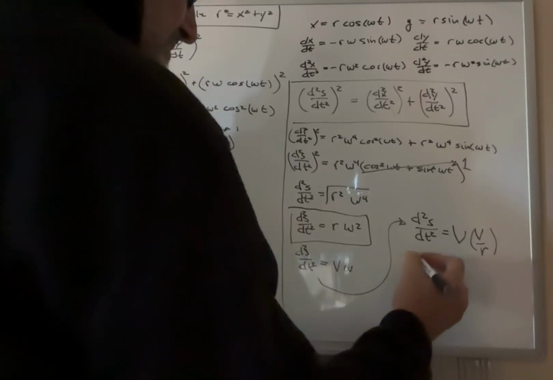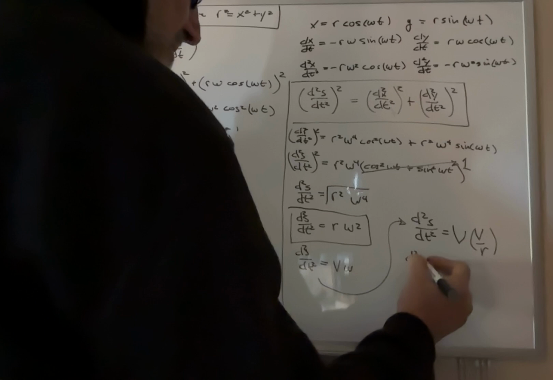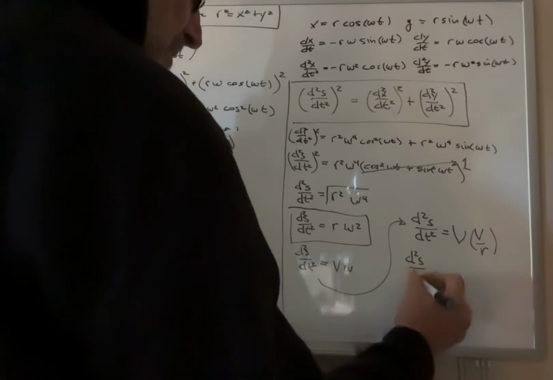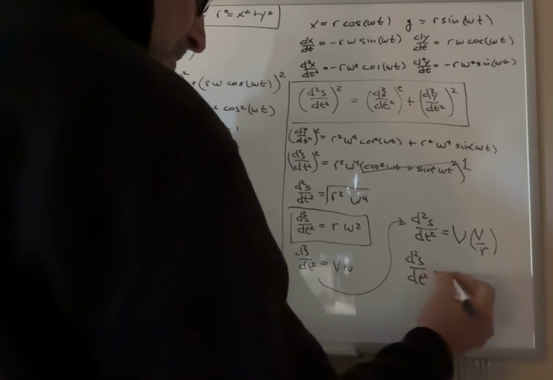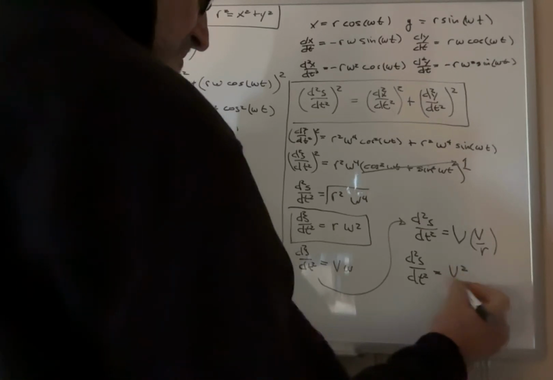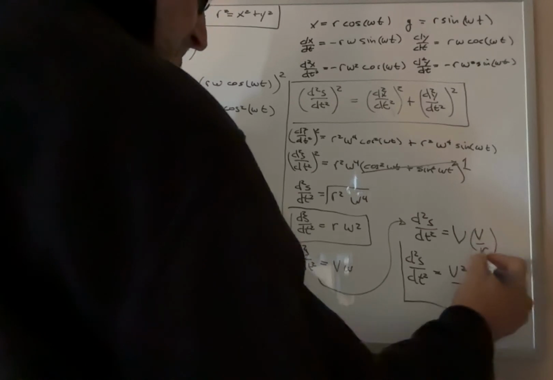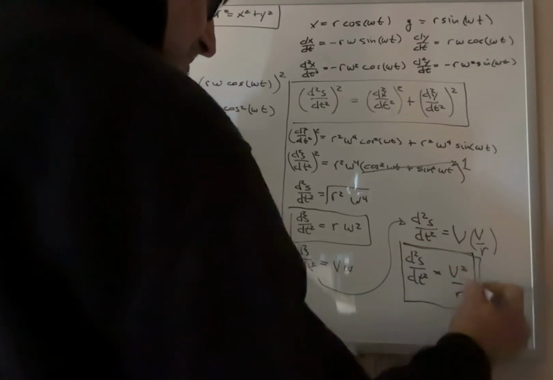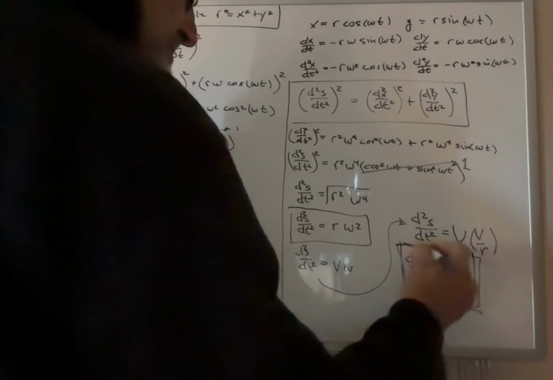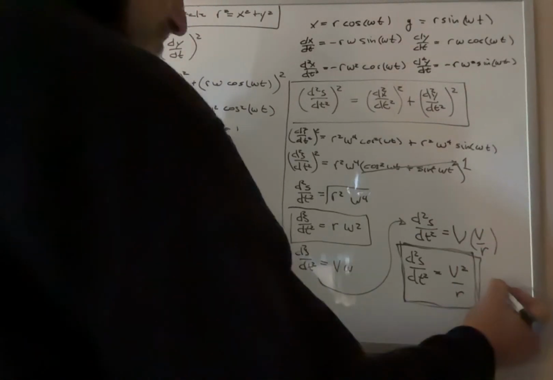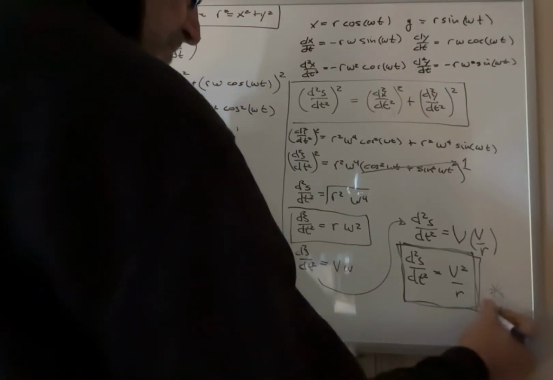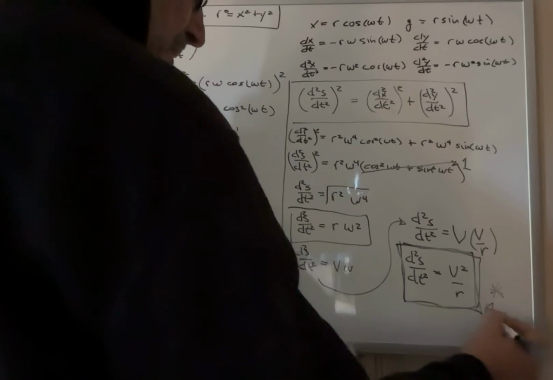And now we know that this acceleration is v squared divided by r. This is the acceleration in a circle. That's our answer.